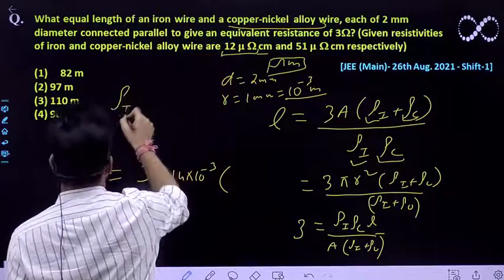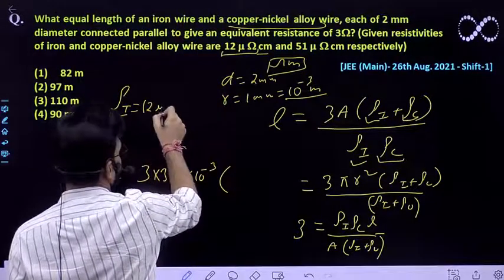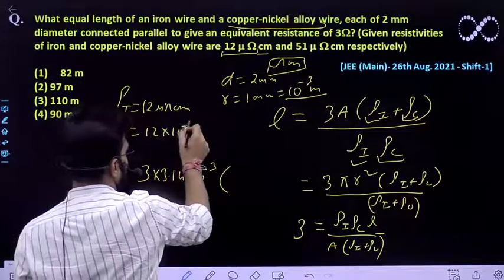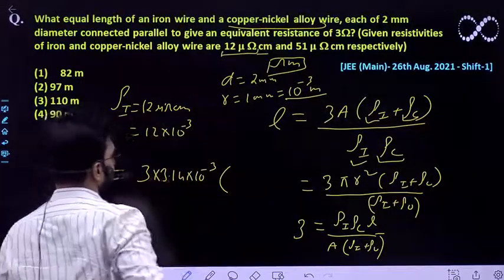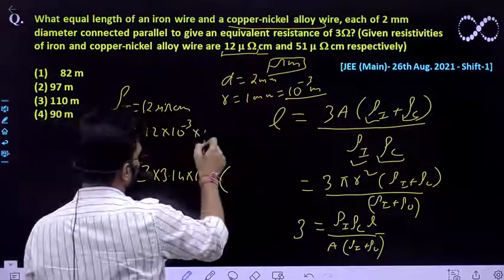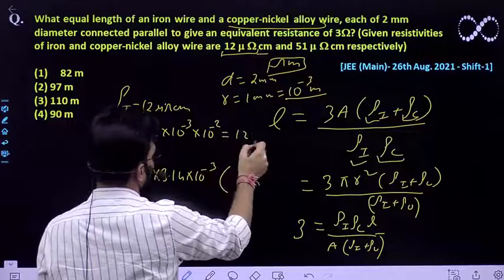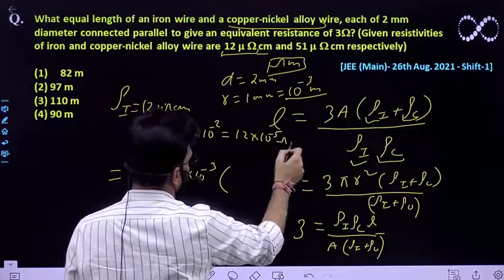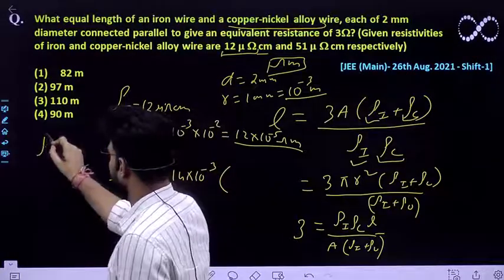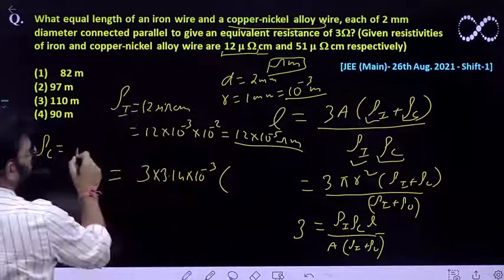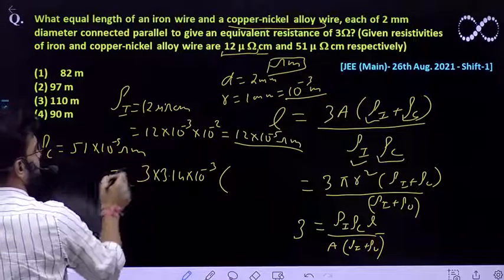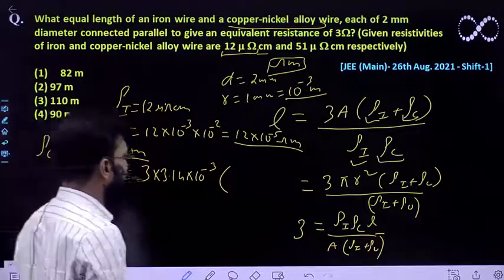So rho I is 12 micro ohm centimeter, equivalent to 12 into 10 raised to the power minus 6 ohm centimeter, and centimeter has to be converted into meter, so again 10 to the power minus 2, so you'll be getting 12 into 10 to the power minus 8 ohm meter. Also the value of rho C comes out to be 51 into 10 to the power minus 8 ohm meter.